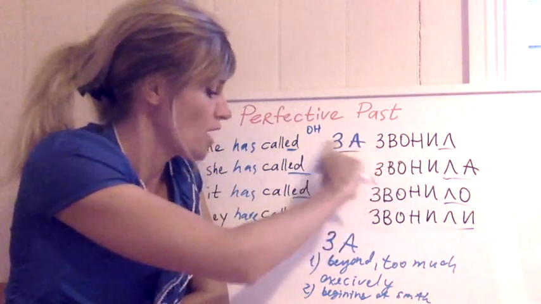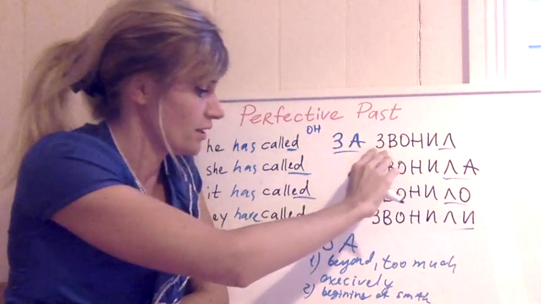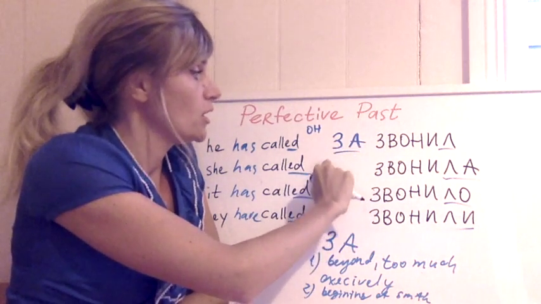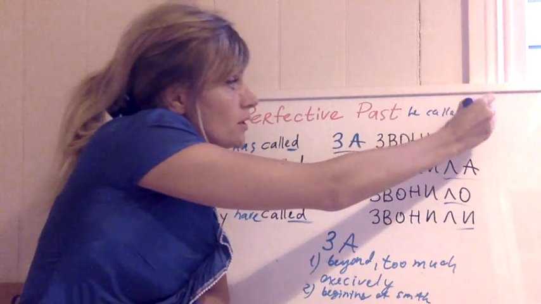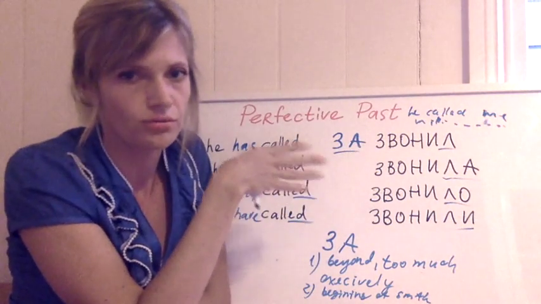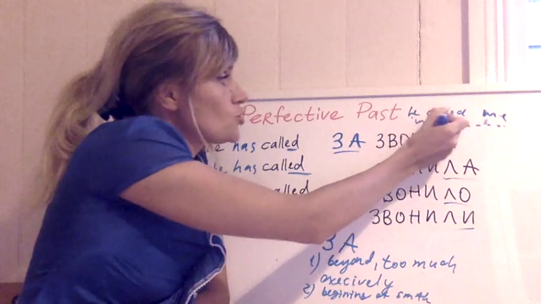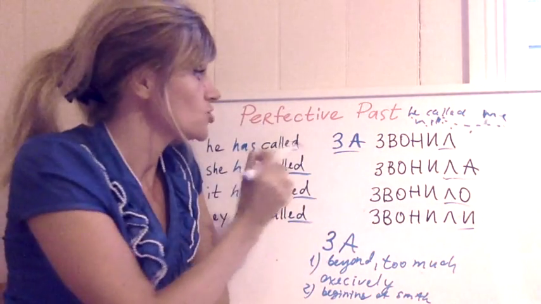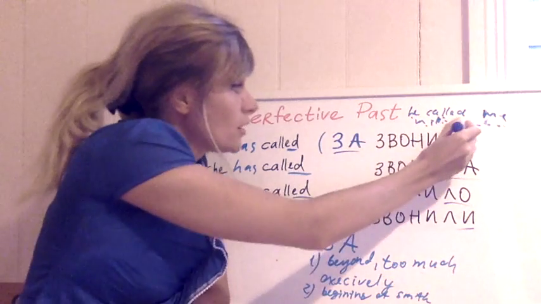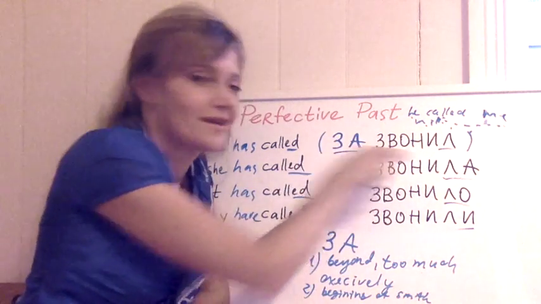Зазвонил, beyond, extremely, excessively. You see that in English you would say he called me heaps or something like this. So this 1, 2, 3, 4 can be 5 words. In Russian it's only one verb, but it's long. Why is it long?